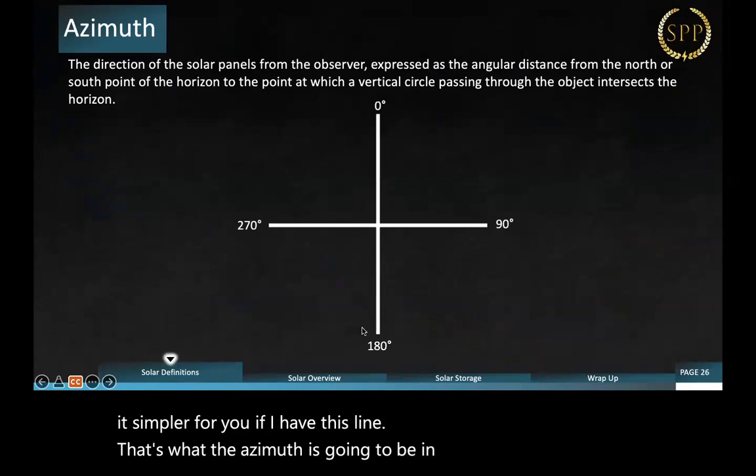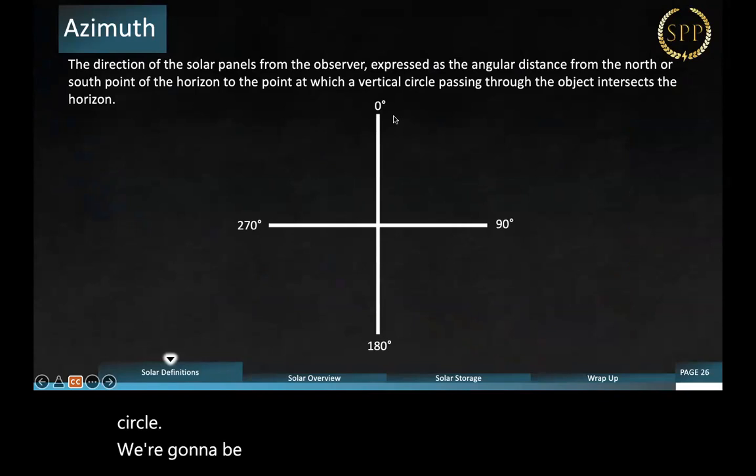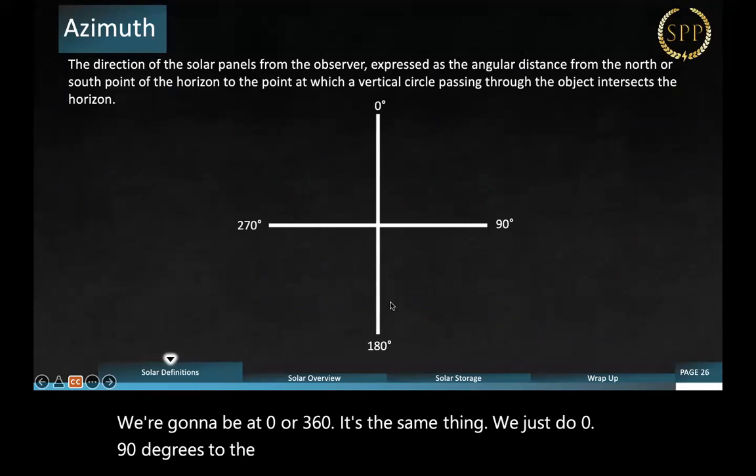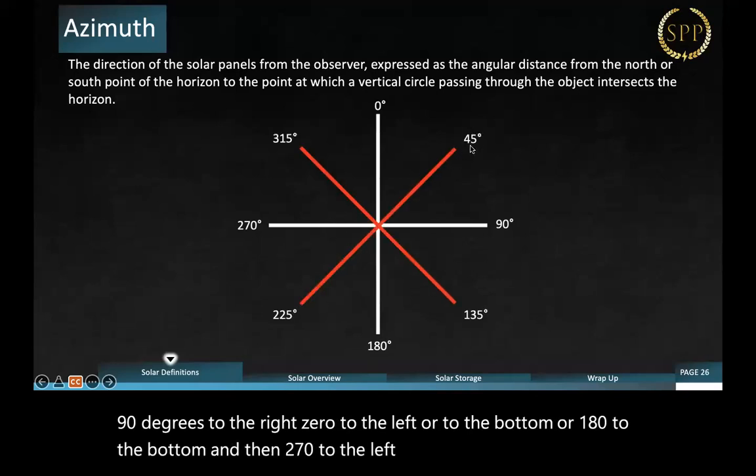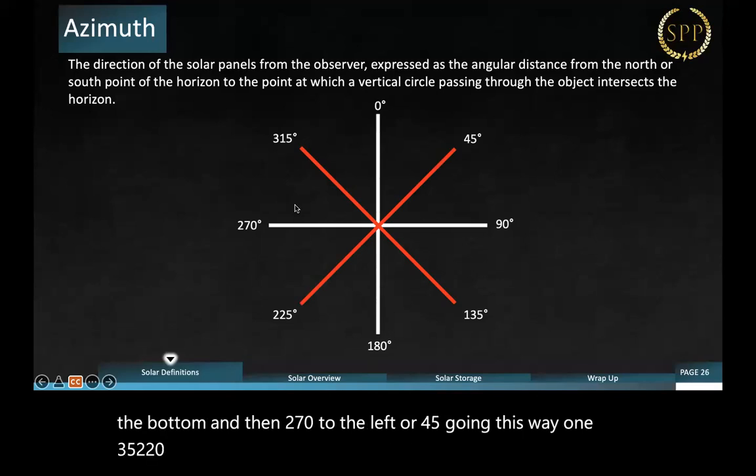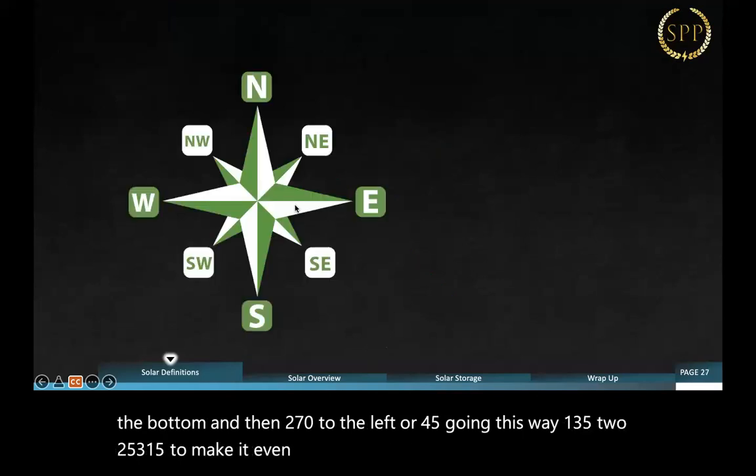If we have a circle, we're going to be at 0 or 360. It's the same thing. We do 0, 90 degrees to the right, 180 to the bottom, and then 270 to the left. Or 45 going this way, 135, 225, 315. To make it even simpler, it's a compass.